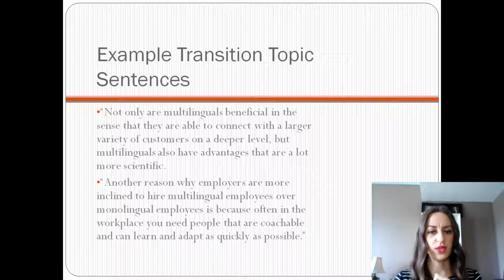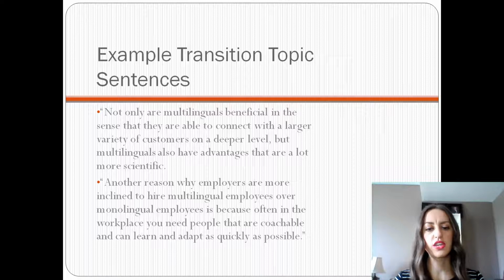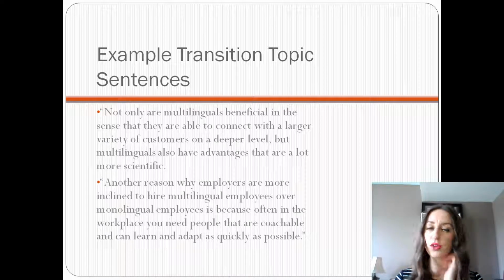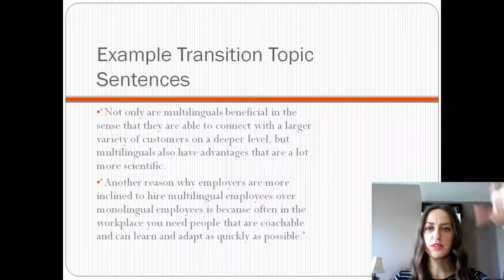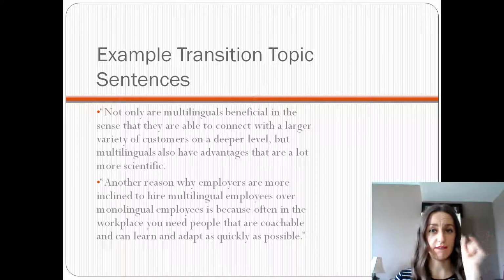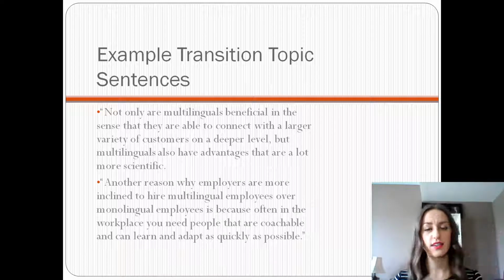So here's a second one down below. Another reason why employers are more inclined to hire multilingual employees over monolingual employees is because often in the workplace, you need people that are coachable and can learn and adapt as quickly as possible. Okay, so this one works a little bit differently because the reference to previous information is slightly more vague. However, we still have that very clear transitional phrase of another reason, okay?